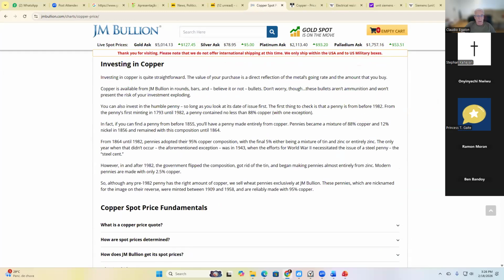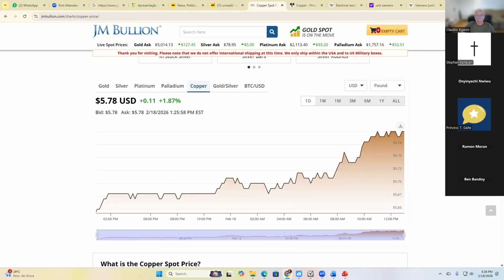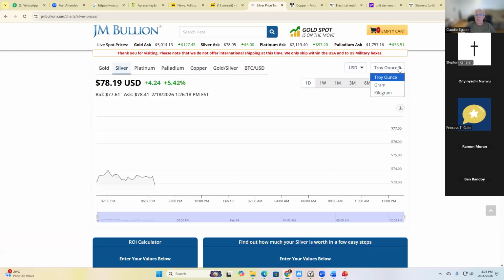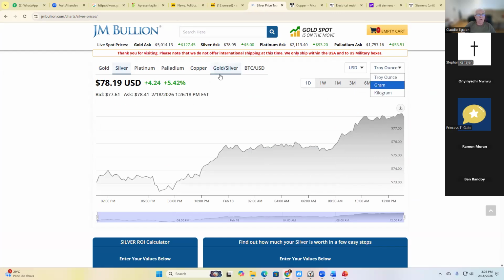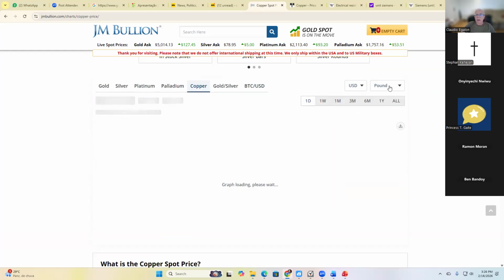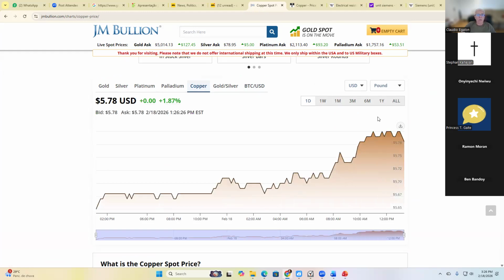Which one was I using? This one, right? Oh, we can change. No, we cannot change. Too bad. US dollar. Silver, can we change to pound? I don't think so. Just try ounces. Yeah, you can't. Okay, so we have to translate copper from pound to ounce.